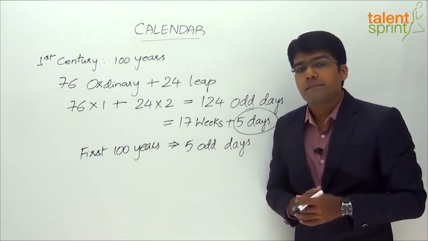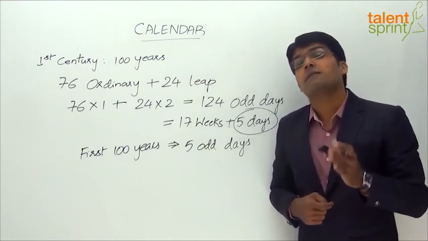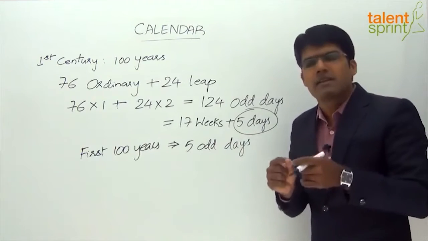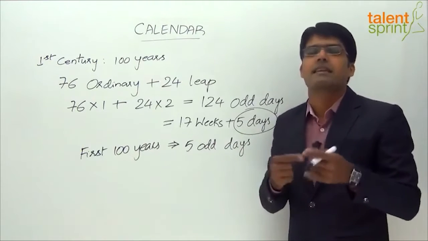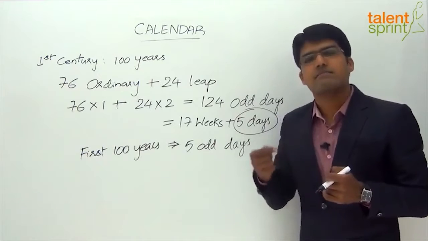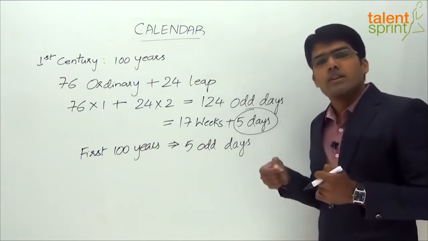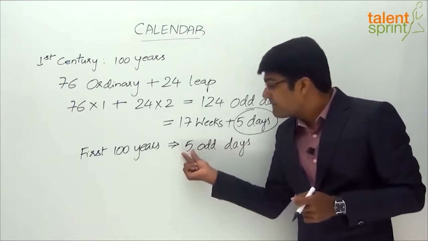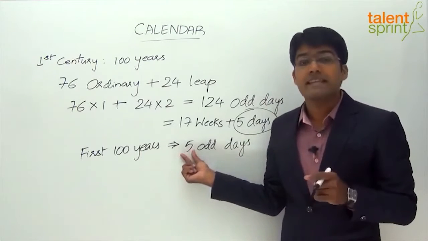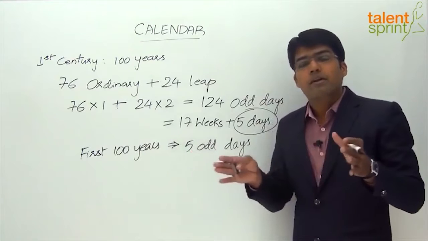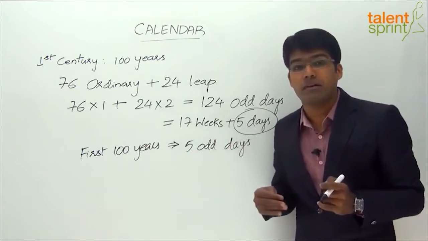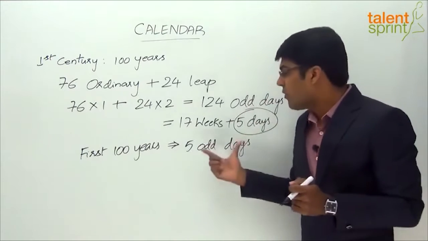So the first day of the first year, 1st January of the first year, was a Monday, and we have taken the reference as the previous day, Sunday. Sunday is 0 odd days, Monday is 1 odd day, Tuesday 2 odd days, and so on. Now since we have got 5 odd days and we know that 5 represents a Friday, we can say that in this period of 100 years, the last day, that is 31st December of the 100th year, was a Friday.